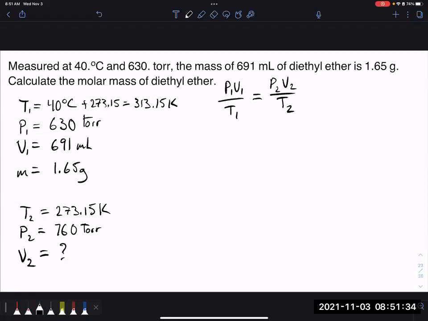The incredibly powerful thing about this equation is that we can take any gas, as long as we know its temperature, pressure, and volume under one set of conditions, we can say, oh, well, we'll just change pressure and temperature to the ideal conditions and then determine things based on that. Or we could set it to anything else we want to do too.